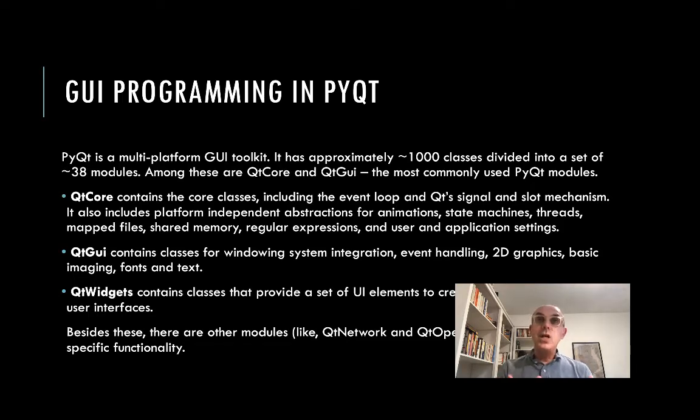UI means user interface elements to create a classic desktop application based on that idea. Besides those, there are other modules such as Qt Network and Qt OpenGL that focus on specific functionality.